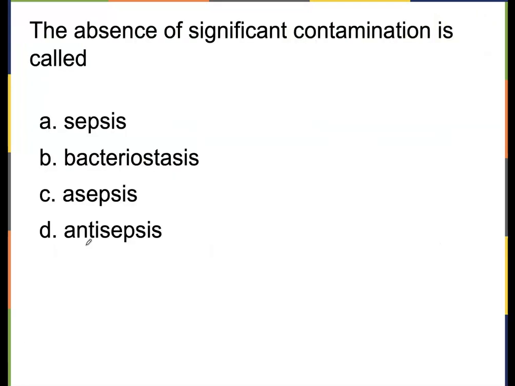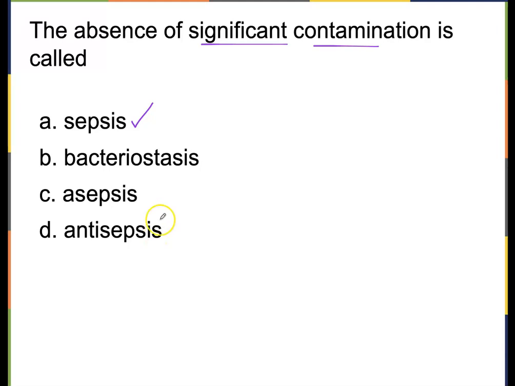All right, some questions. The absence of significant contamination is? When we talk about the absence of significant contamination, we're not talking about sterile, because we're just talking about significant. We know that sepsis is dirty. Septic tanks are dirty.